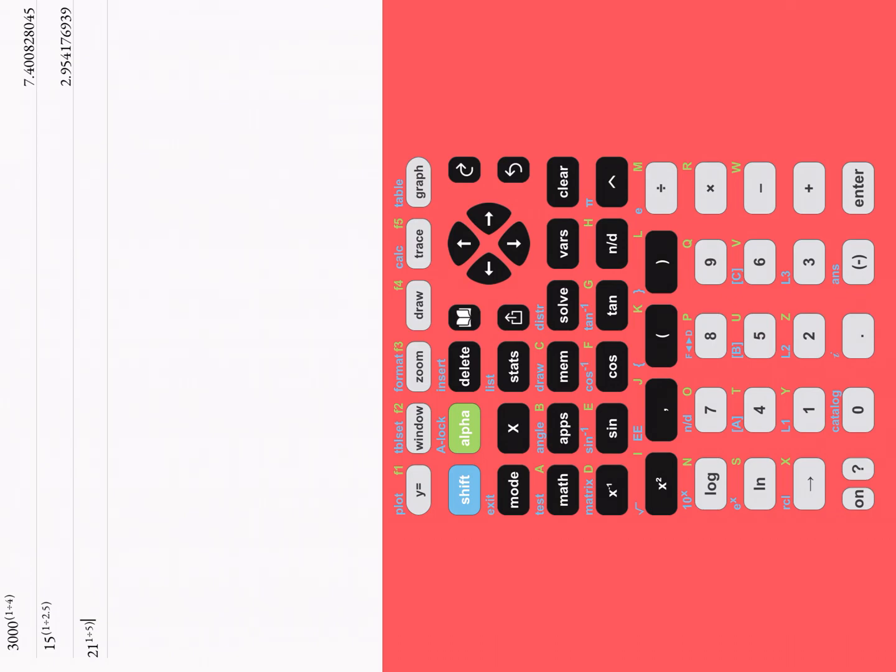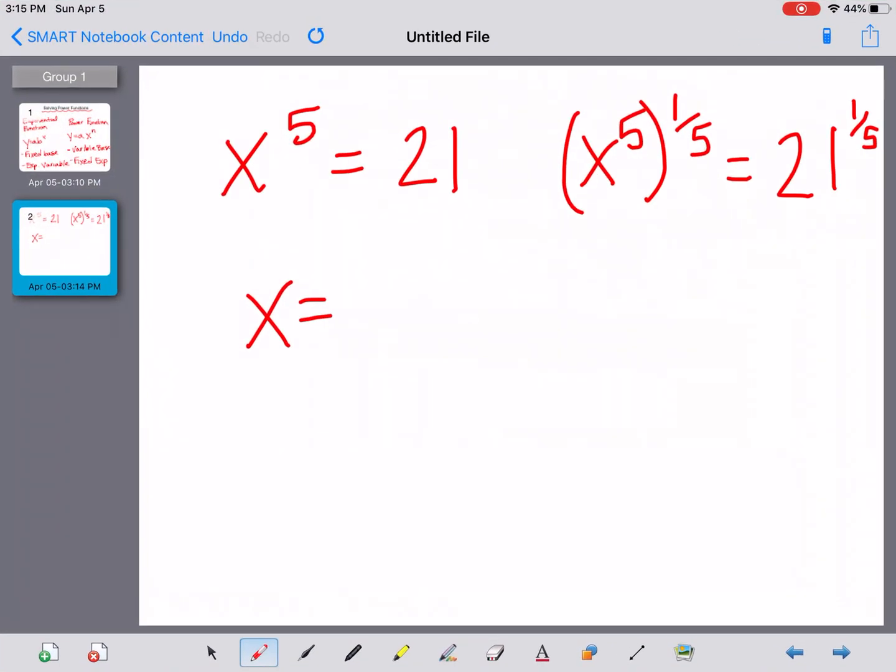Let me try it again. So we get, if we round to the nearest tenth, about 1.8. So I know that x would have to be about 1.8 to make that work.